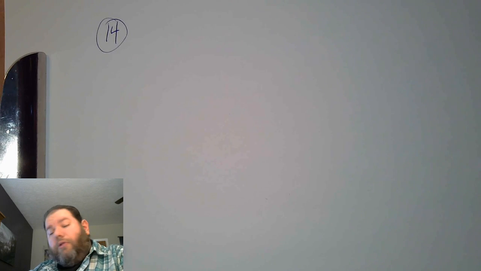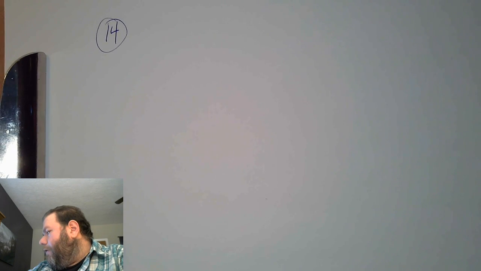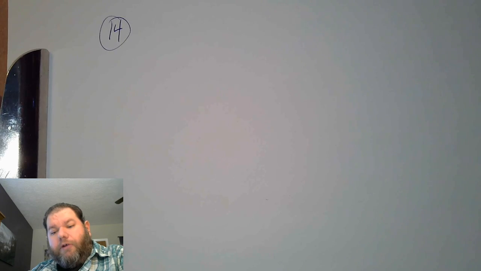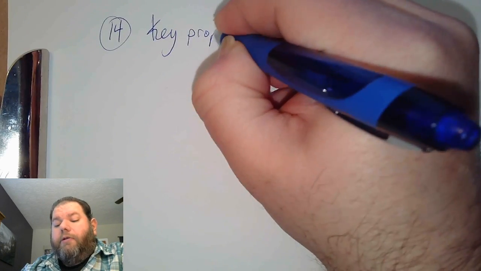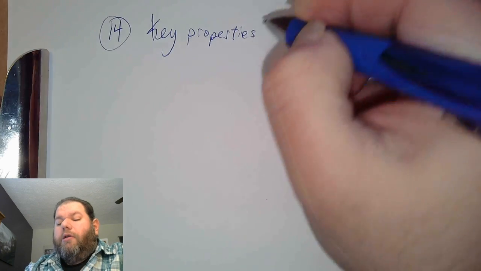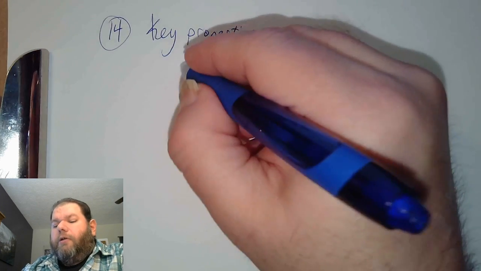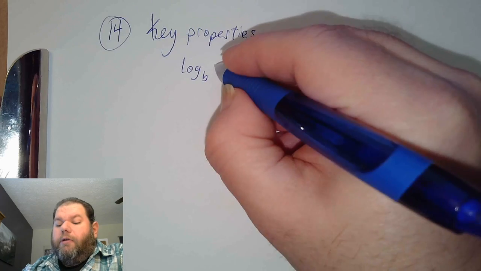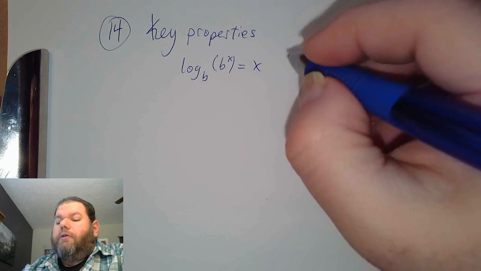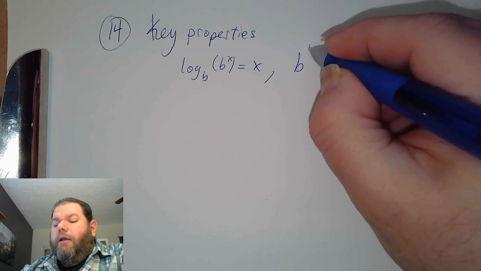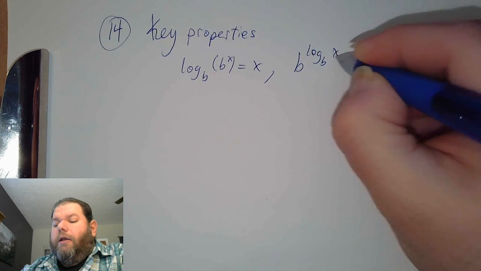Now, the key thing that we're looking at here are properties of logarithms. So key properties that they want us to use here: log base b of b to the x is equal to x, and b raised to the log base b of x is equal to x.